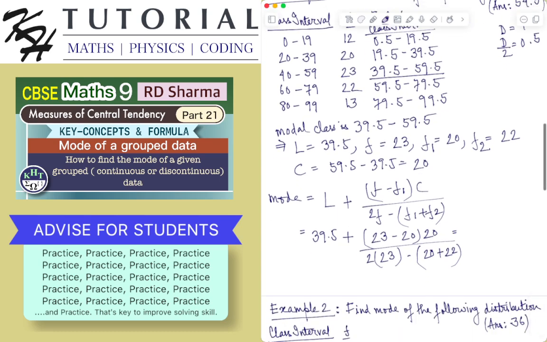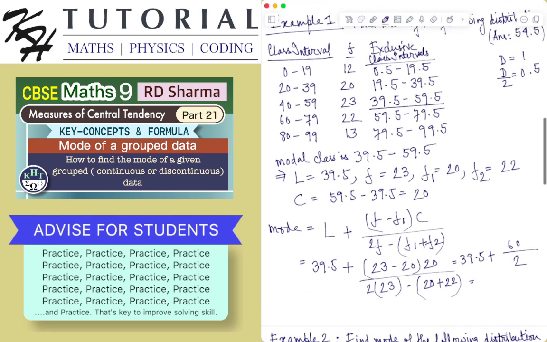This is equal to 39.5 plus 23 minus 20 is 3, 3 into 20, 60, divided by 46 minus 44, which is 2. So this is equal to... maybe I have done something wrong.